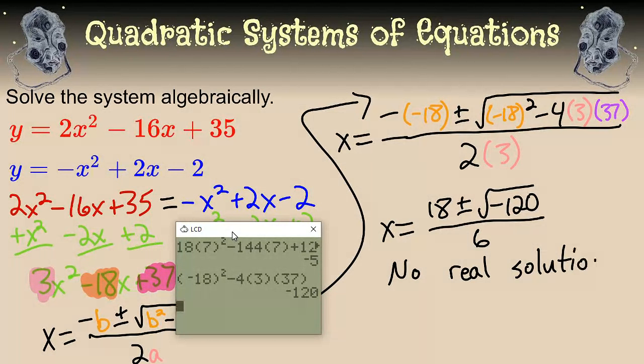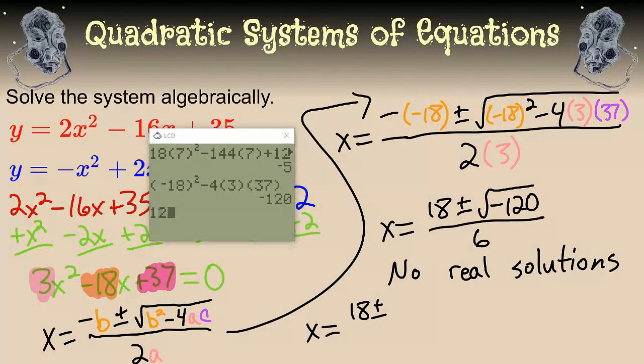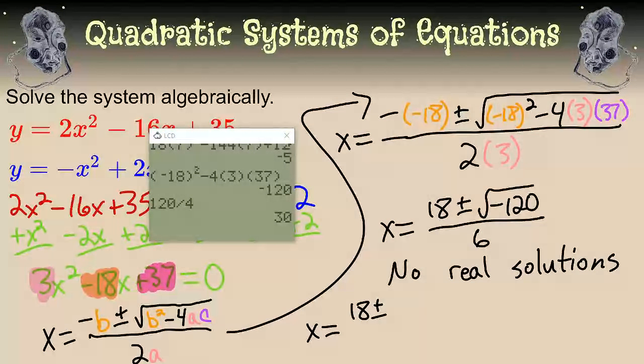And usually we're looking for real solutions, but we could simplify this complex number and we would get x equals 18 plus or minus the square root of 120. 120 is divisible by 4, and it's 30. Is 30 divisible by anything useful? Any other perfect squares? 3 and 10. Nope, doesn't look like it.